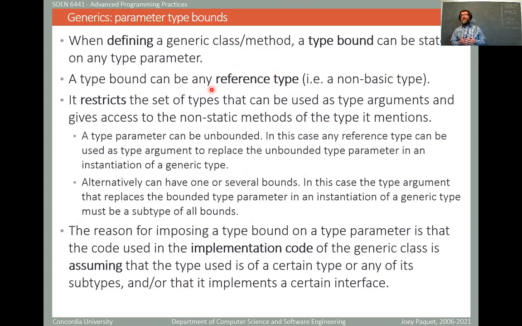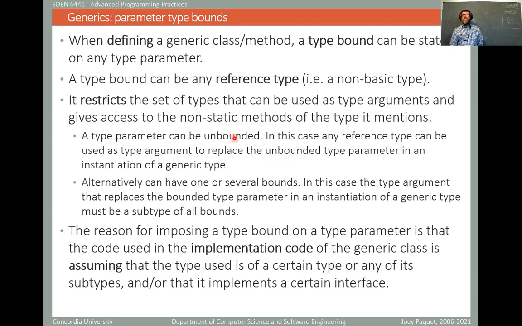So it cannot be a basic type, for example an integer or float or things like this. That is not a class. So it doesn't work for basic types. And then it restricts the set of types that can be used as type parameters and gives access to the non-static methods of this type.